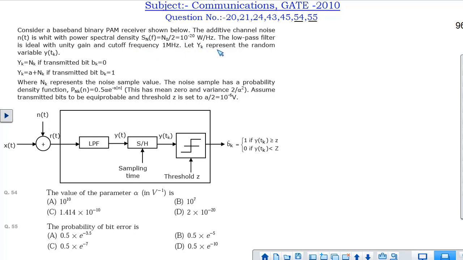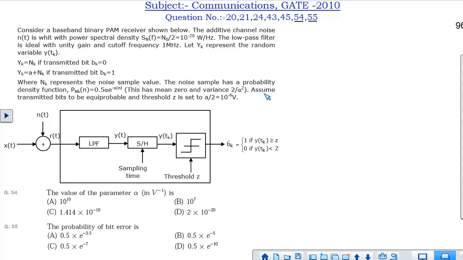Let yk represent the random variable y of tk, where yk equals nk if the transmitted bit bk equals 0, and yk equals a plus nk if the transmitted bit bk equals 1. Here nk represents the noise sample value. The probability density function of the sampled noise is also given, and it has 0 mean and variance equal to 2 by alpha square.